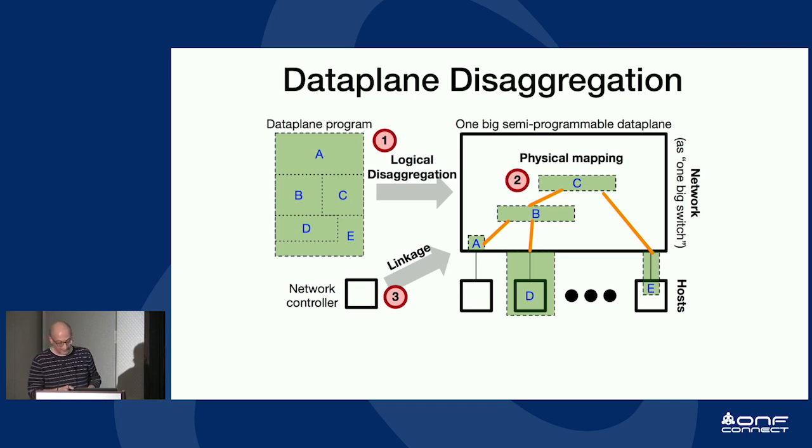And then there's a very important role for the network controller, of course, which carries out linkage. So in other words, it tells A how to reach B and A how to reach C. And you can also pre-link in case B becomes unreachable. You don't want to have to wait until something else external to the system notices. A will already know how to reach a replica of B in advance.